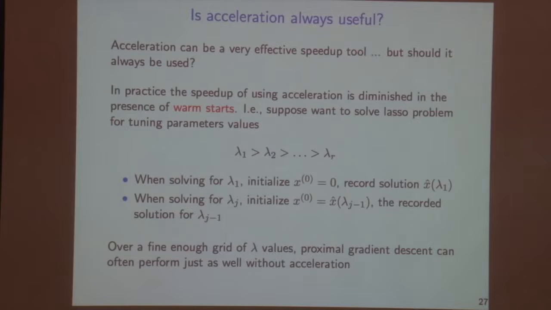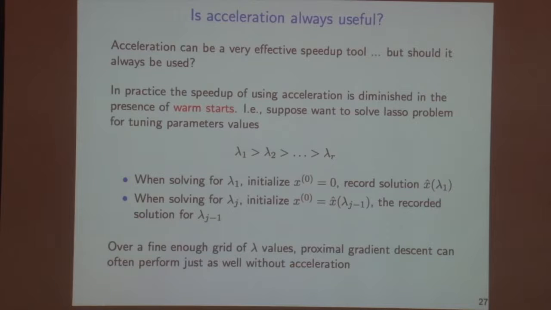Lastly, I want to talk about this idea: is acceleration always useful? It seems like such a good idea that you might want to use it for every problem, and there may be no reason to use just proximal gradient on its own without acceleration. But you'll still see a lot of implementations of fast algorithms that are not accelerated, and that's for pretty good reason. It's generally a very effective speed-up tool, but it's not always the thing to turn to.